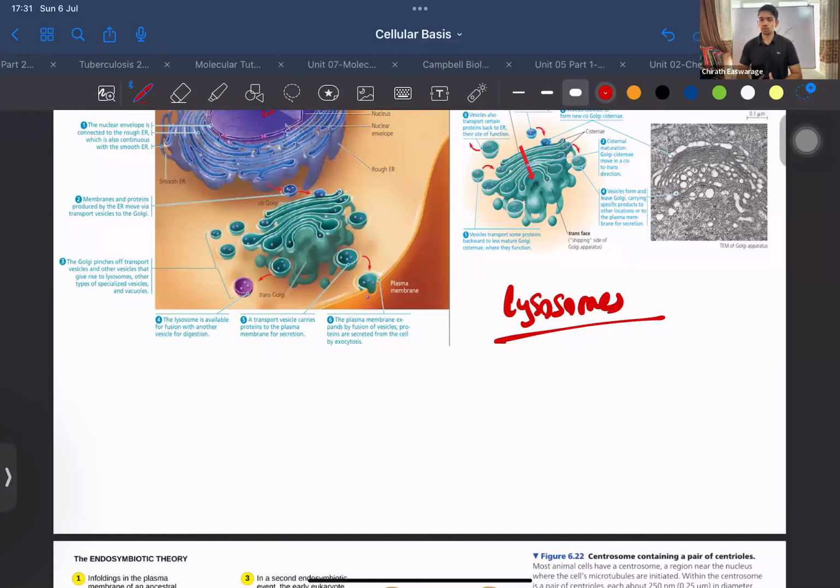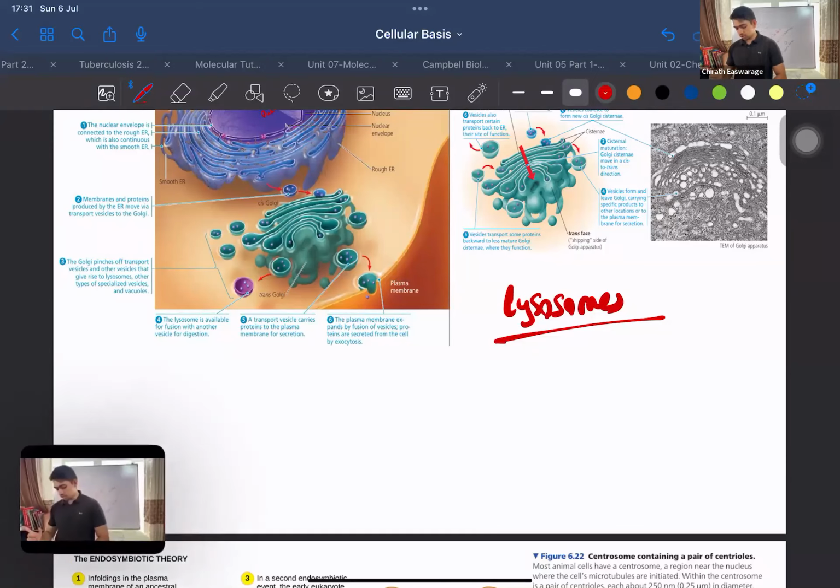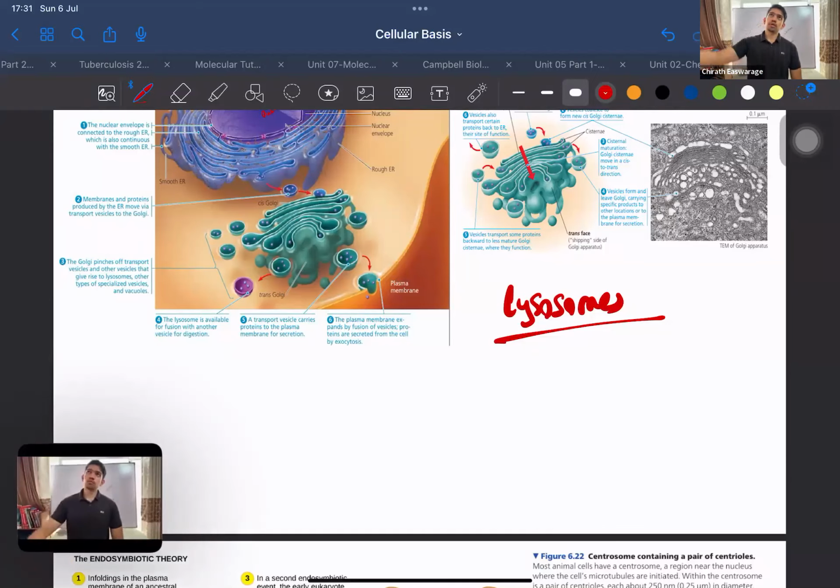These things undergoing digestion can be from inside the cell, or they can come into the cell from outside. So what they digest can be something that is already inside the cell, or that is coming from outside.